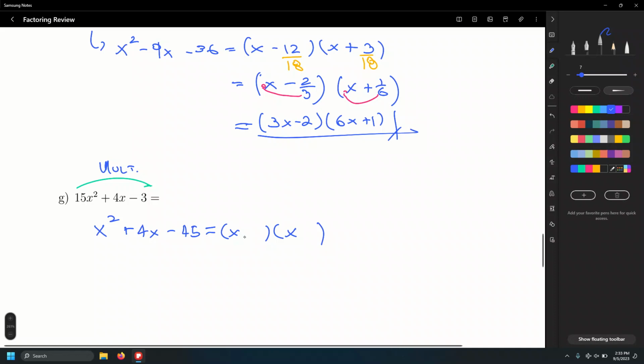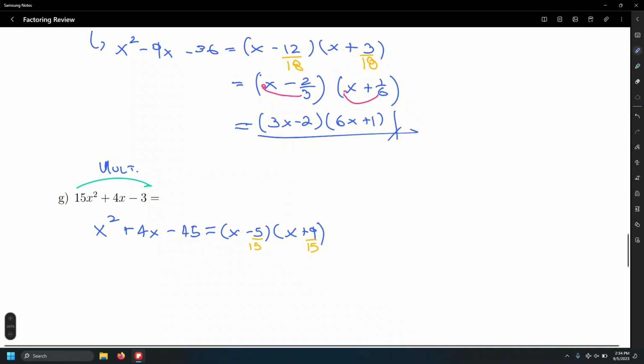I think we said negative 5 and 9, right? Or 5 and negative 9, either way, the order doesn't matter. So now we multiplied by 15, now we need to divide by 15. And reduce the fractions first.